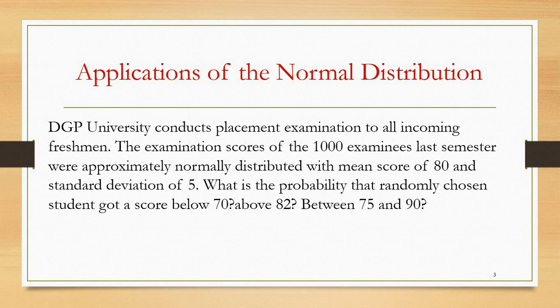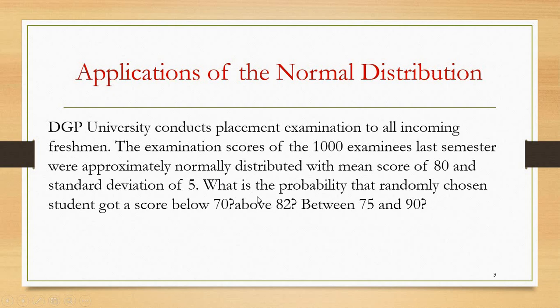DGP University conducts the placement examination to all incoming freshmen. The examination scores of the 1000 examinees last semester were approximately normally distributed with mean score of 80 and a standard deviation of 5.